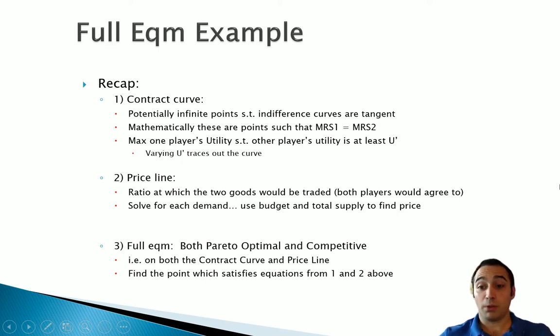And then if you plug that price in to their demand functions, you'll find numbers for both players. The full equilibrium then is both the Pareto optimal line, i.e. the contract curve, as well as what they would trade for in equilibrium, i.e. the competitive quantities found in step 2.